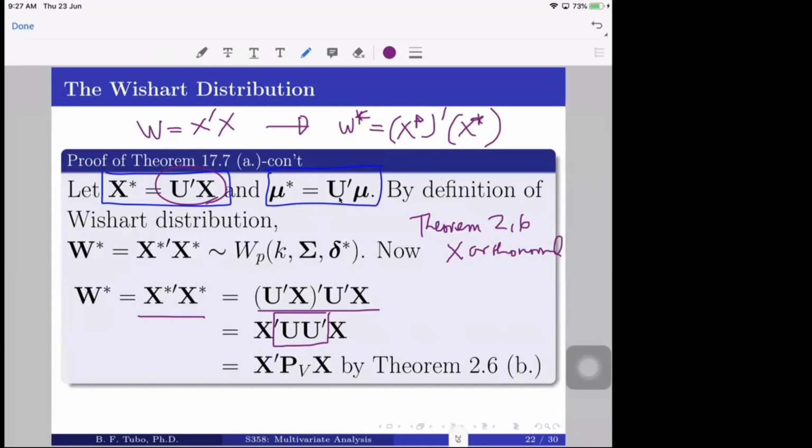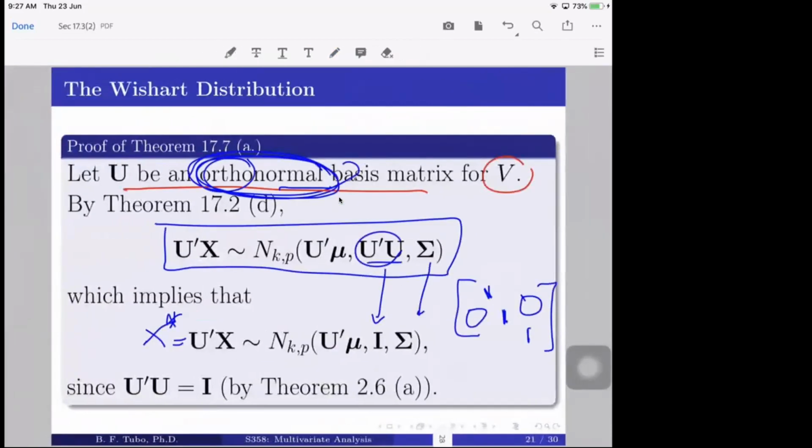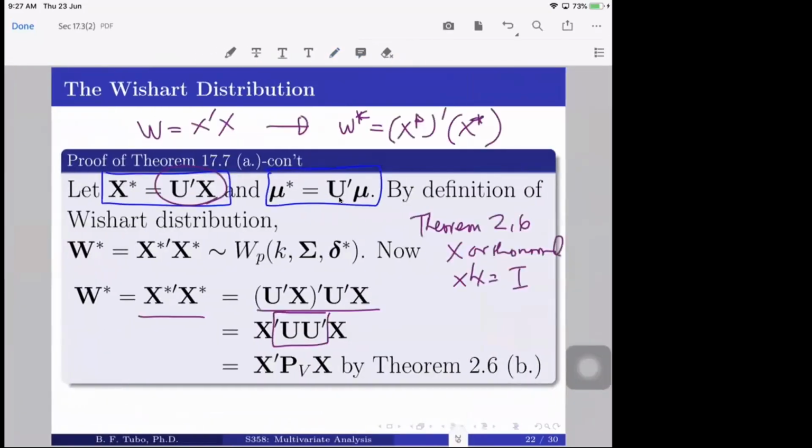And then when it is orthonormal, X prime X is I. So that is what happened earlier: U prime U is I. Okay? And then letter B, this is letter A. Letter B says PBY is X prime Y. So that means U prime is your PB.